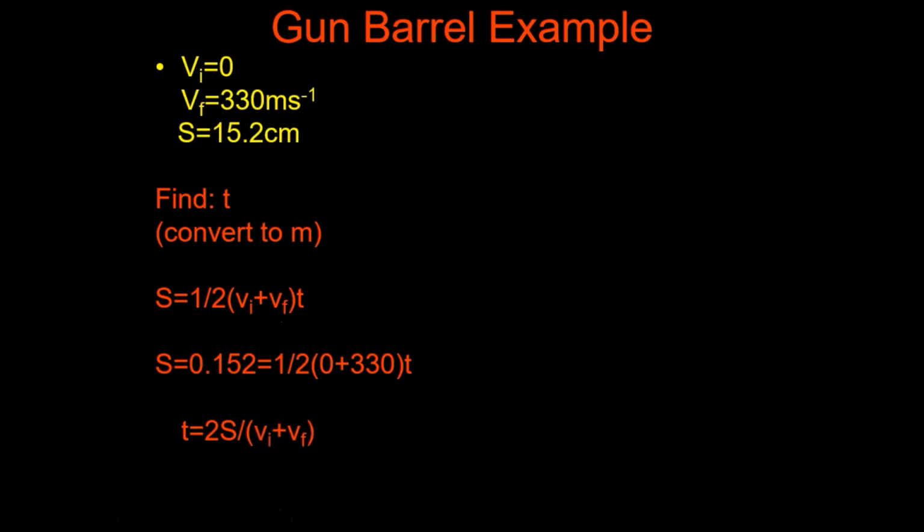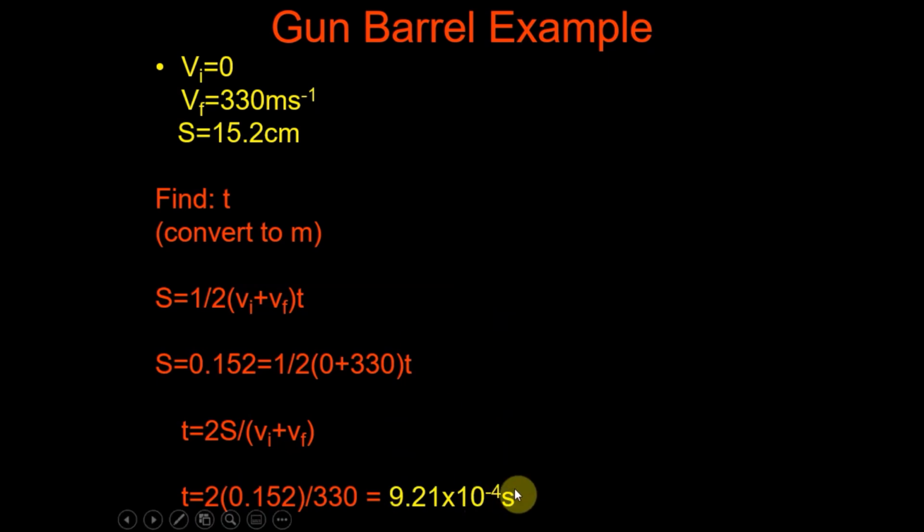Rearranging, t will therefore become 2 times S over Vi plus Vf. Substitute in, t is 2 times 0.152 over 330, which will give us 9.21 times 10 to the minus 4 seconds. That is a very small number.